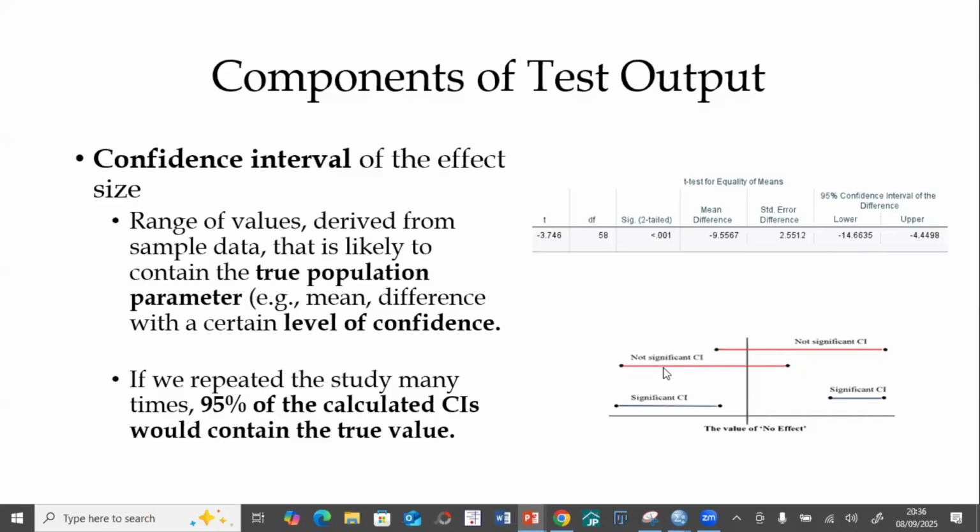So often, if the confidence interval crosses 0, the results will be considered as being not significant. This is the reason why sometimes confidence interval is used as a surrogate marker of significance and can be used in place of the p-value. That is one of the other outputs of the statistical test.